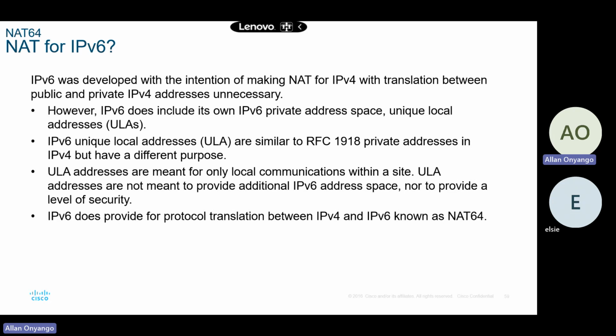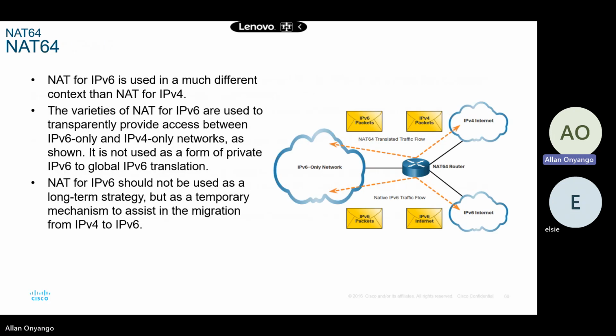Okay. So IPv6 has some level of port address translation or protocol translation, but what it basically does is help in the transition from IPv4 to IPv6. It is normally used to translate IPv4 networks to IPv6-only networks and vice versa.